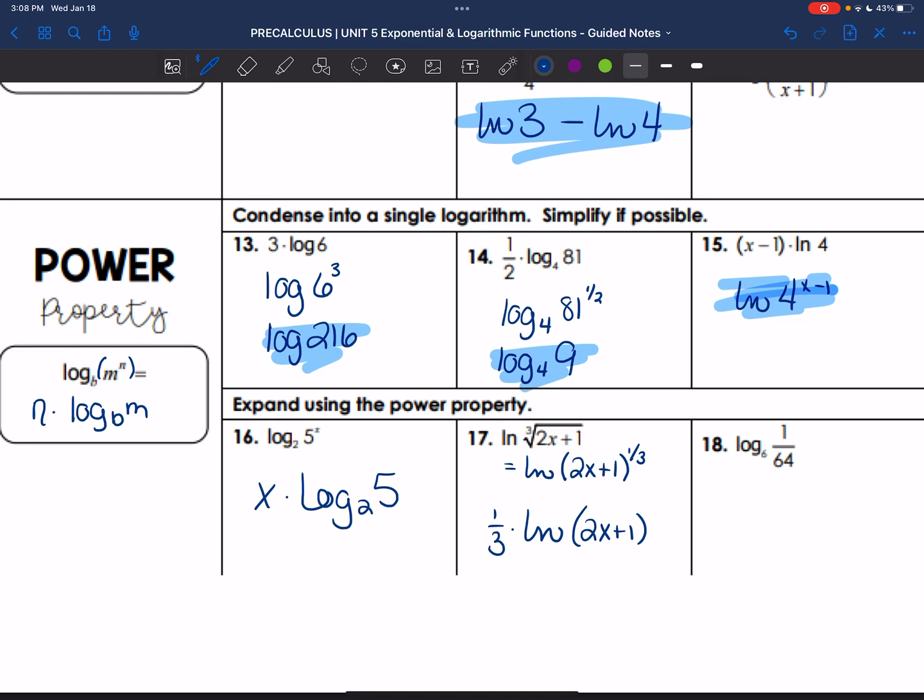And something that would help make example 18 a whole lot easier to work with would be to rewrite this so that we don't have a fraction. And so if we don't want a fraction, what we can do is think of this as, okay, if I want to bring this 64 up into the numerator, that would be the same thing as saying 64 to the -1 power.